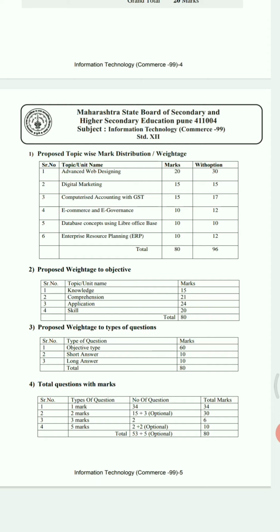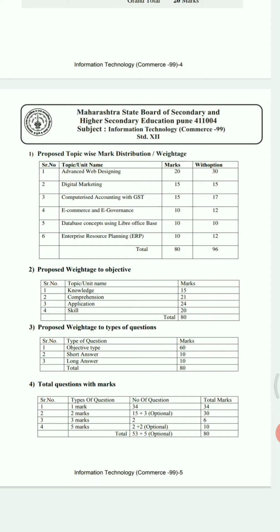The second chapter is digital marketing, with a weightage of 15 marks, and with option also 15 marks. Next, the third chapter is computerized accounting with GST, with 15 marks, and with option it is 17. Next is e-commerce and e-governance, with a weightage of 10 marks, and with the option it becomes 12.